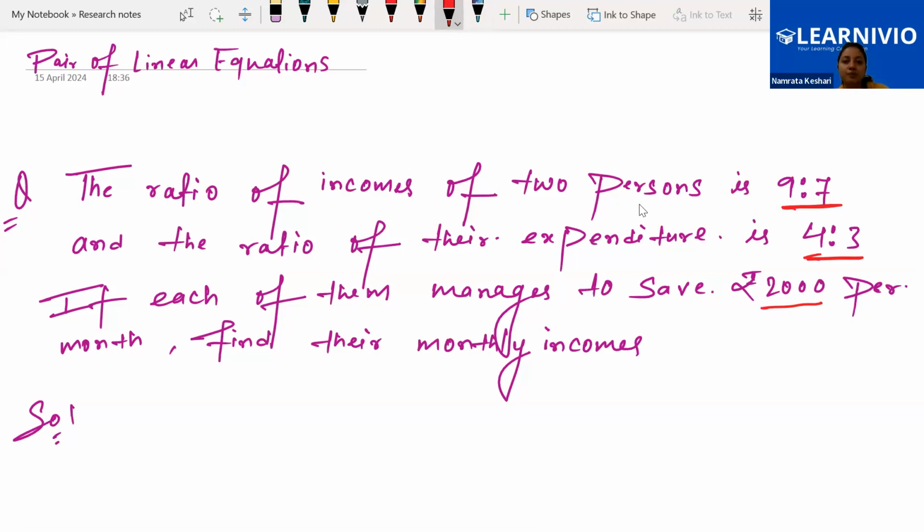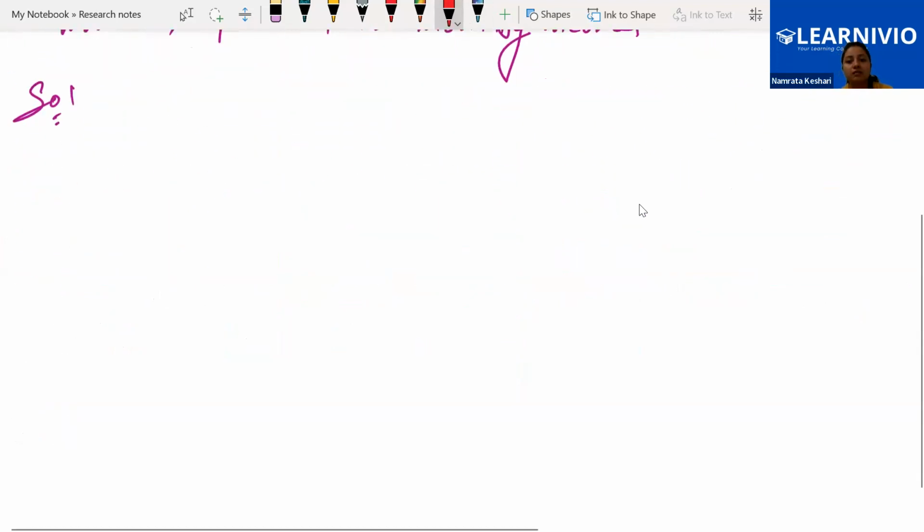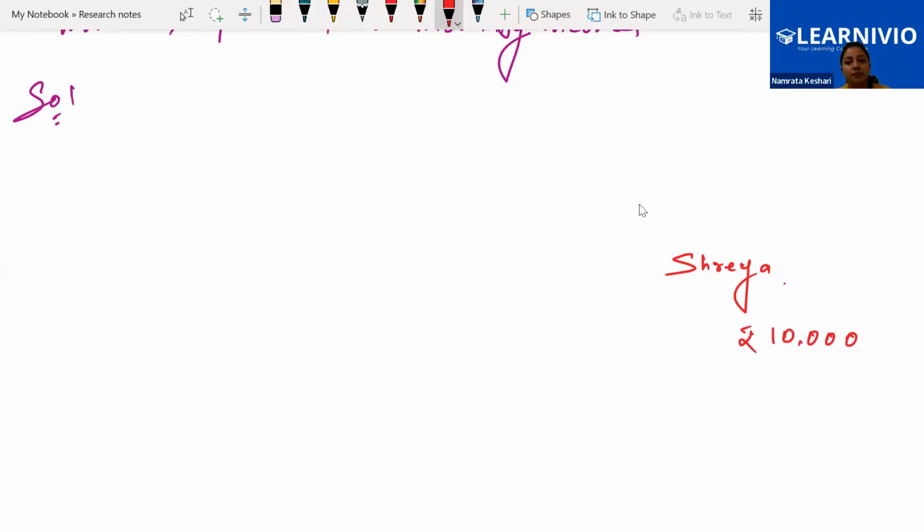Now let's say a person is there whose name is Shreya. She's earning, let's say, 10,000 rupees a month. This is the income she is having, for example.